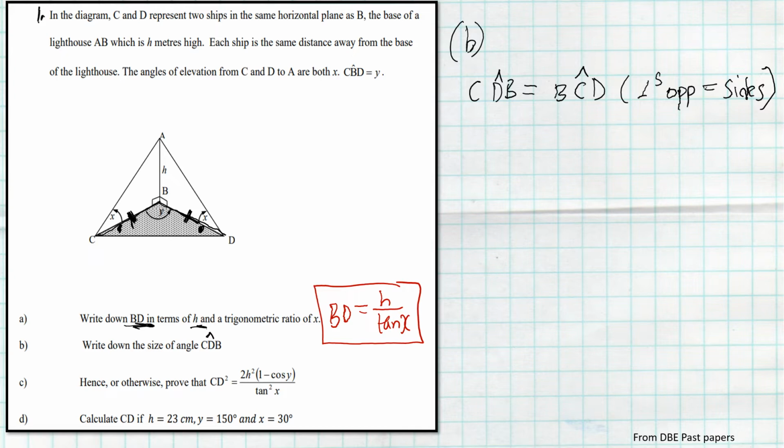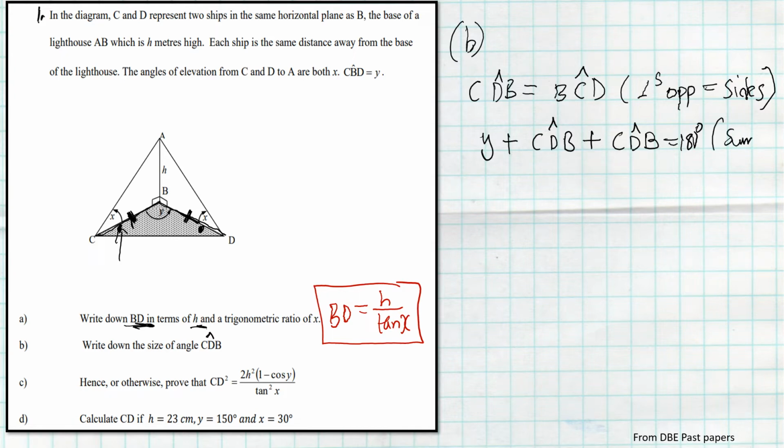So now I can go and solve for my angle CDB. How? The sum of angles of a triangle is equal to 180 degrees. It means y plus angle CDB plus angle BCD, which is also CDB, is equal to 180 degrees.